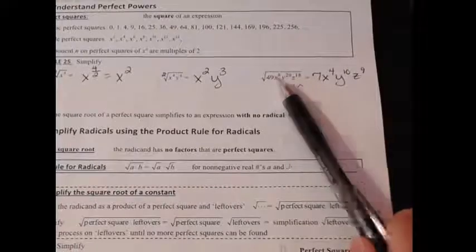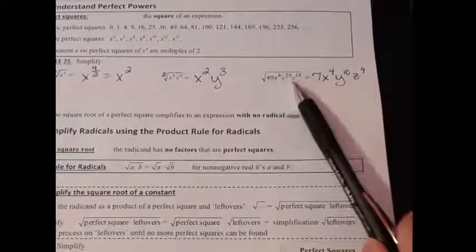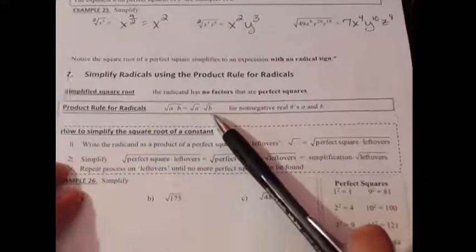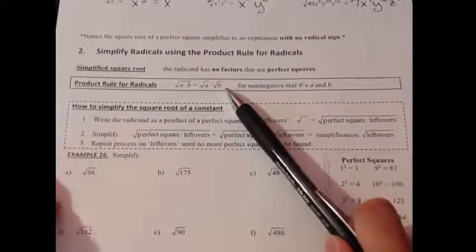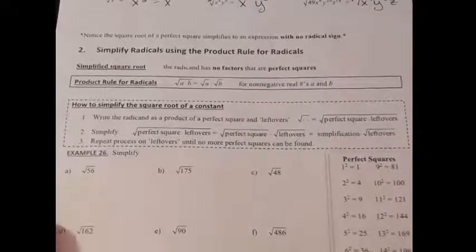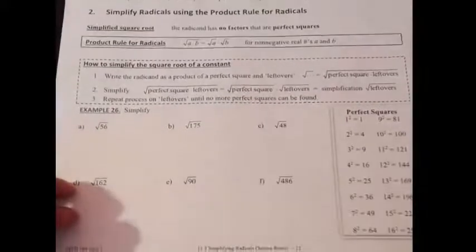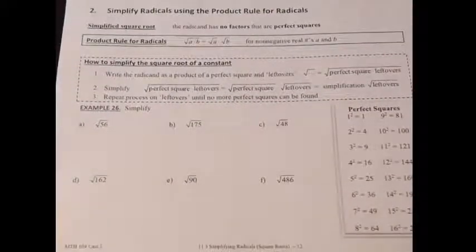Square root of x to the 8th, x to the 4th, etc., etc. I was able to take the square root of each base because that's essentially the product rule for radicals. Now, how do you simplify square roots if they're not perfect squares? Well, easy. Let me show you.